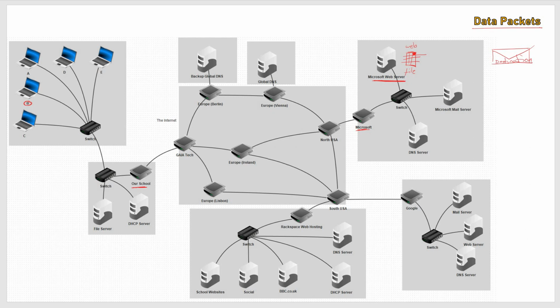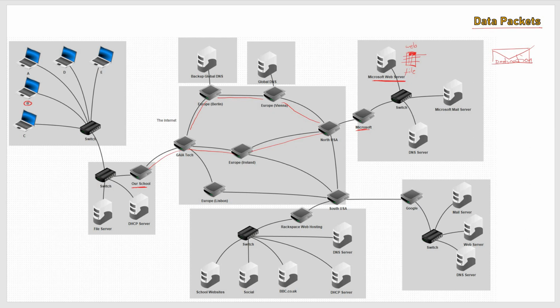And in the first instance, that could be through this connection right here. Now the second data packet that is sent through could go through the router connection which connects Europe Vienna, Europe Berlin, Gaia Tech, and then your school.